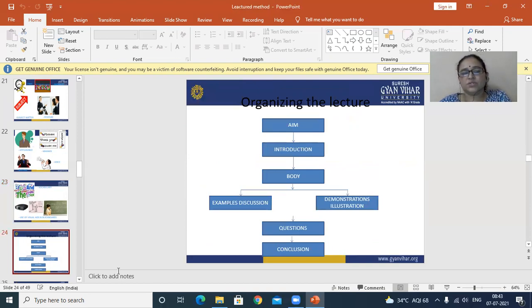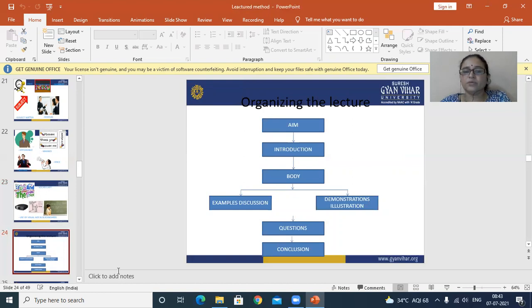Organizing the lecture. First one is aim. What is the aim of the particular topic? Introduction. Give introduction of the particular topic.